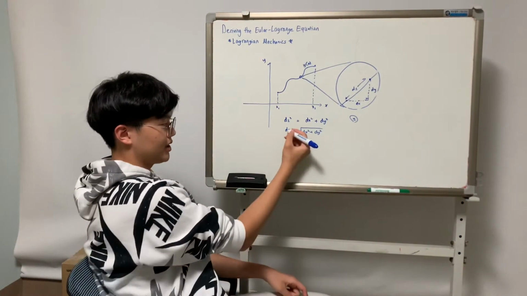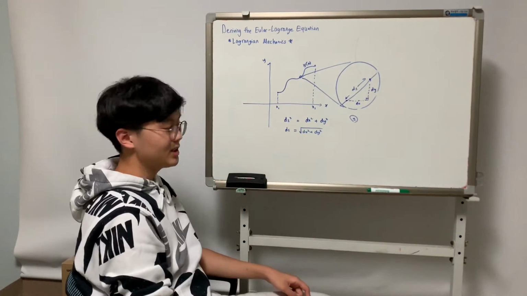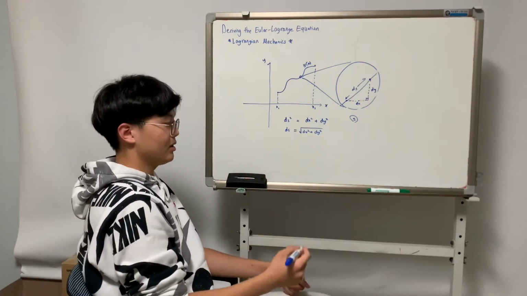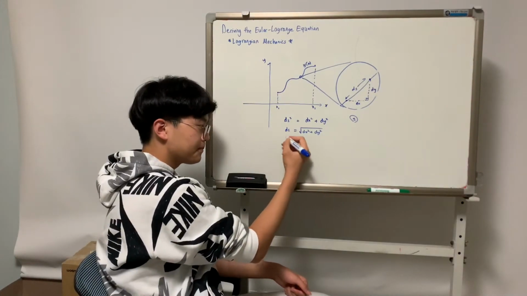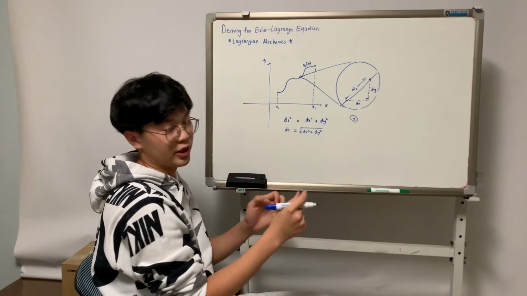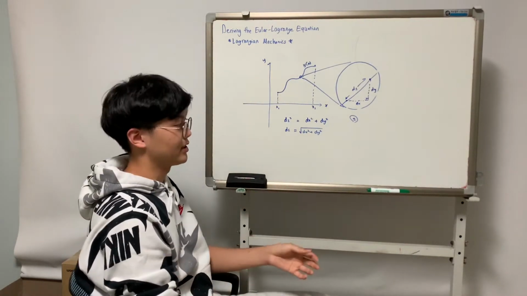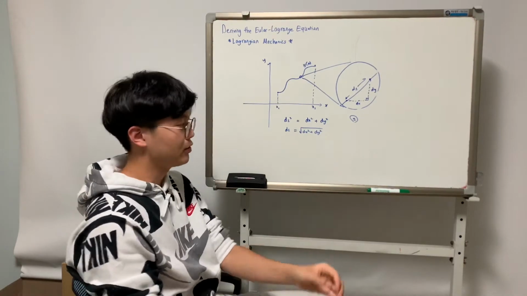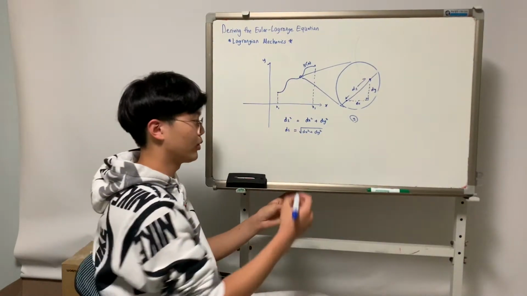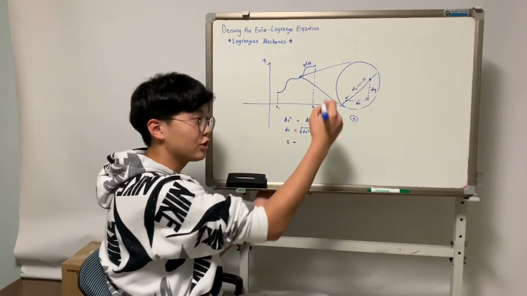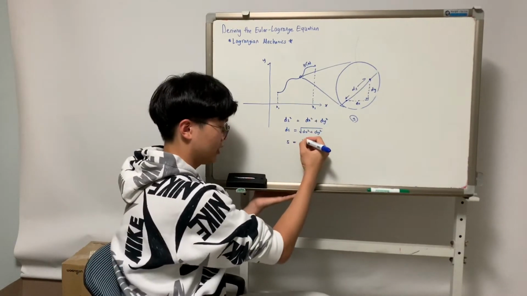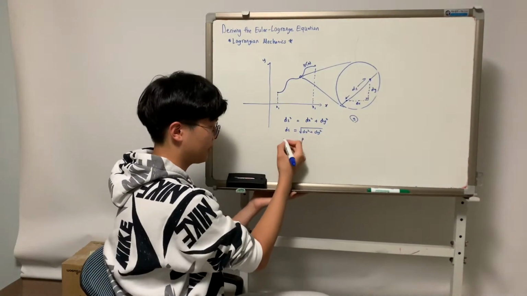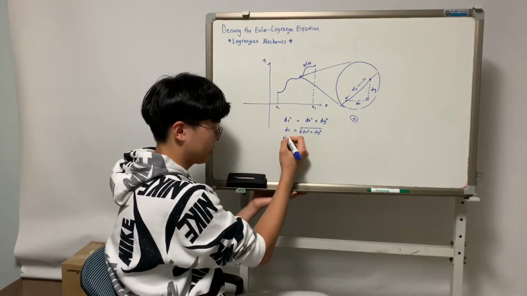Well, because this is a small change in s, by integrating it, we're going to integrate all of the small changes, and so we're going to get a full expression in terms of s. It's basically reversing a derivative to get the original function. And so we get s, which is basically the integral of ds, is going to be equal to the integral, let's say from x1 to x2.